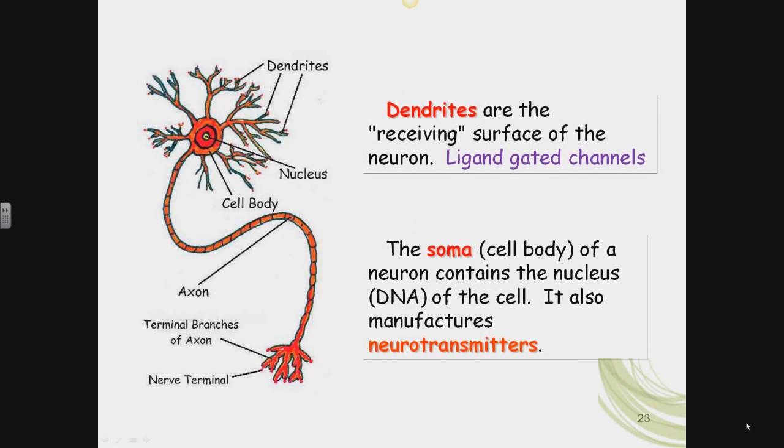Neurotransmitters are the key that binds into the receptor. Neurotransmitters are the ligand that binds to ligand-gated channels. The acetylcholine that I referred to in the previous two slides is a neurotransmitter. It is the chemical ligand or key to unlock the gate.